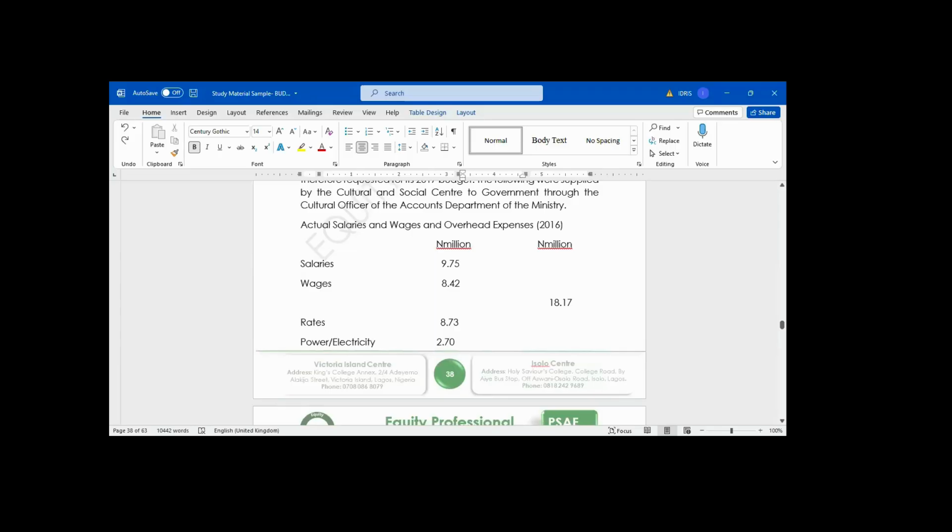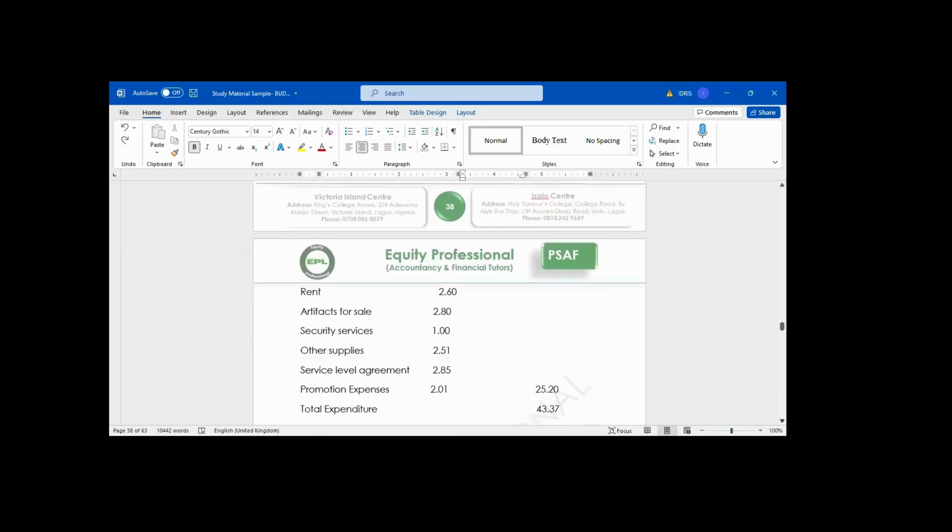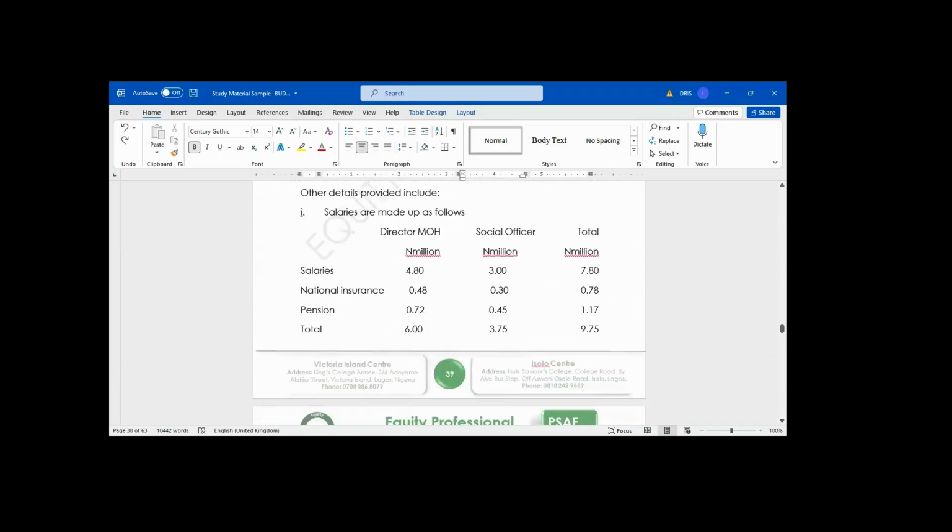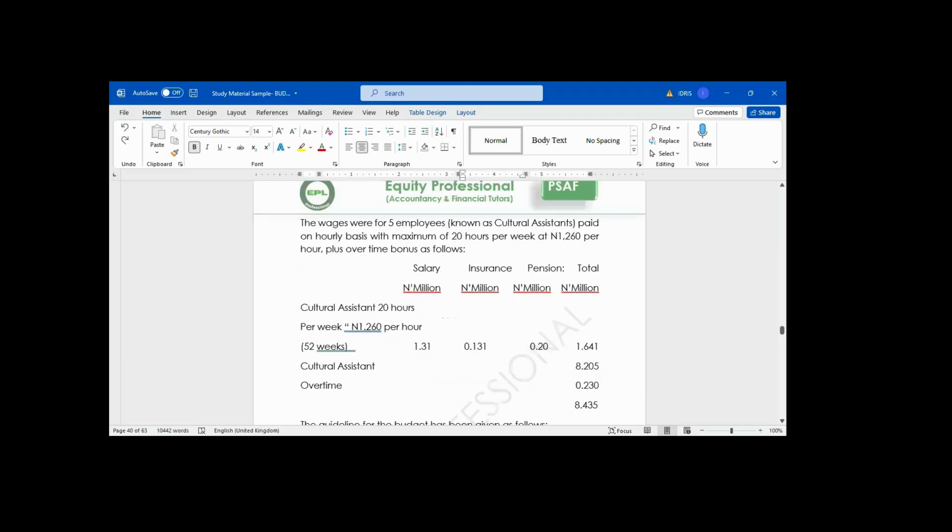8.42. How do we get that 8.42? Are we given a note on how we get it? Look at how they get the 8.42. Though in the question they write 8.42, in their solution, in their note, it is 8.435.